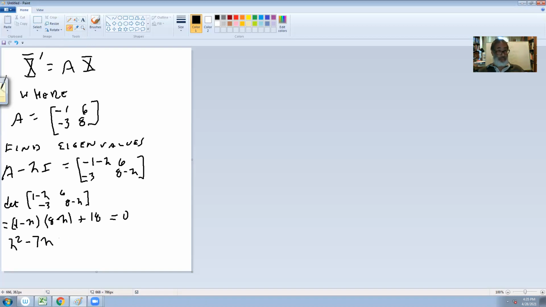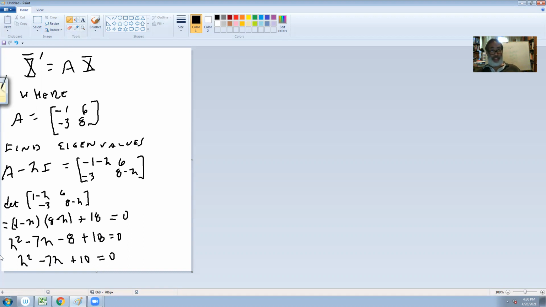So -8 plus 18 is 10. And we get lambda squared minus 7 lambda plus 10.